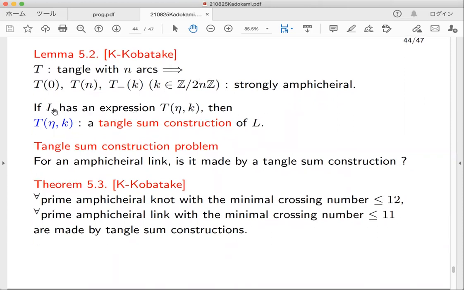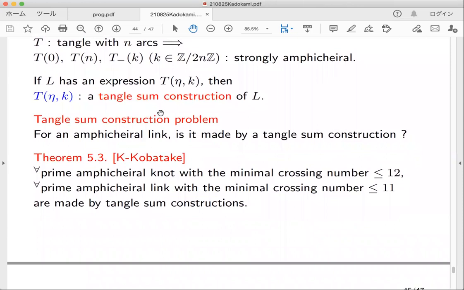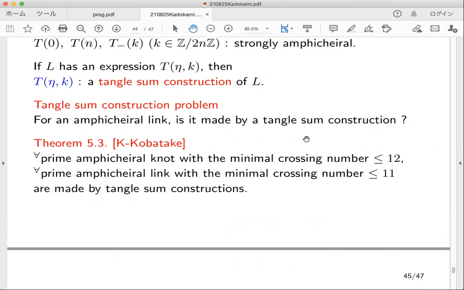If L has this expression, then we call it a tangle sum construction of L. So we can pose one problem: is every amphicheiral link made by a tangle sum construction?